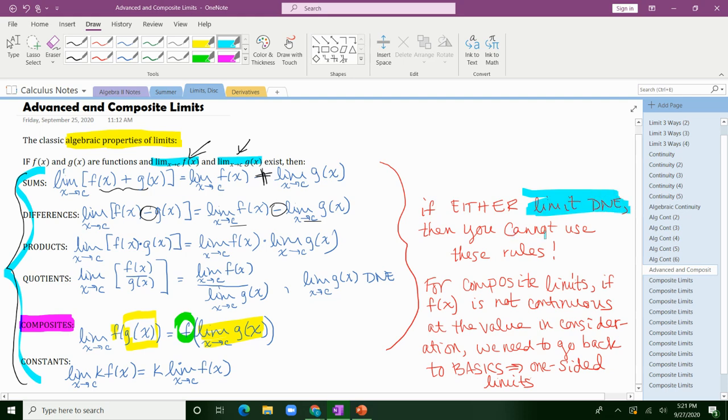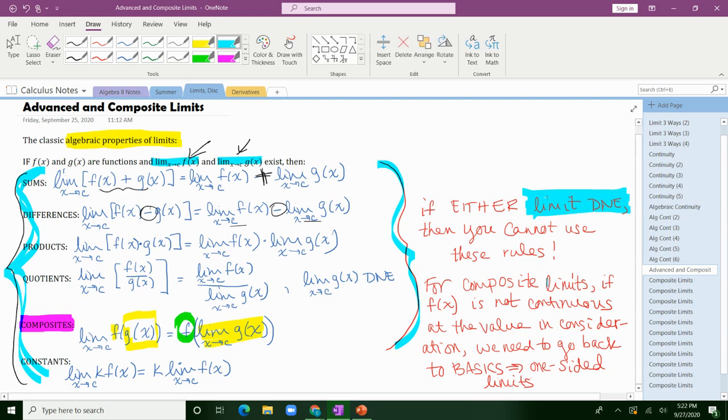AP has started asking this more frequently because they realized that students were just blindly applying these rules, and they don't want students blindly applying rules. They're always trying to get you thinking. They're always coming up with new problems. So let's say you try to use one of these rules, but one of the limits doesn't exist.